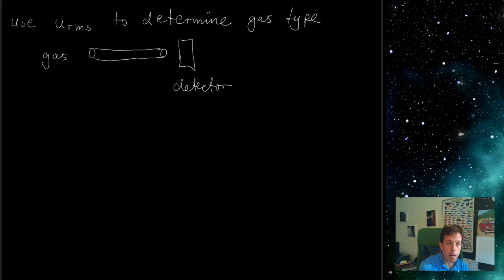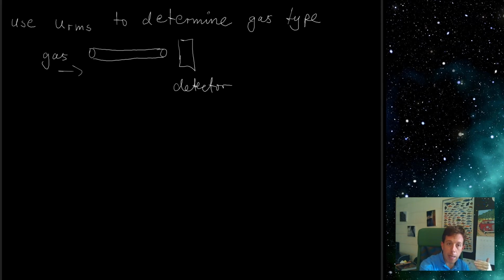So if we always inject the same amount at the beginning of the tube, we start a stopwatch, and the detector at the end goes beep, and depending on the time it took for this gas to travel down this tube, we can determine what the gas type might be.